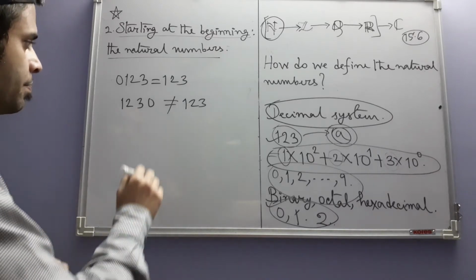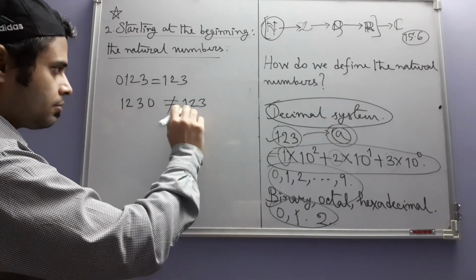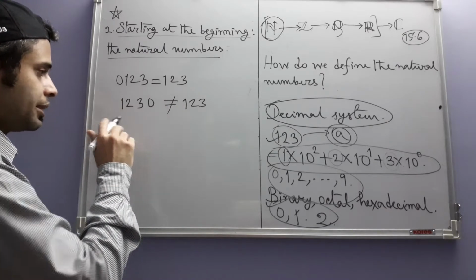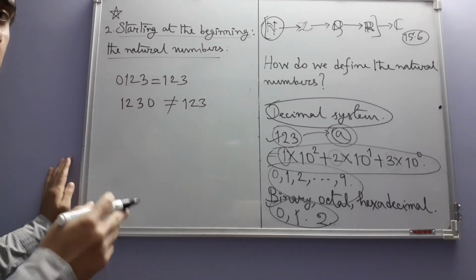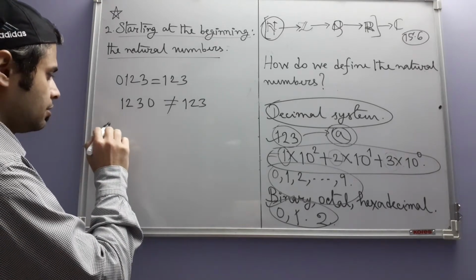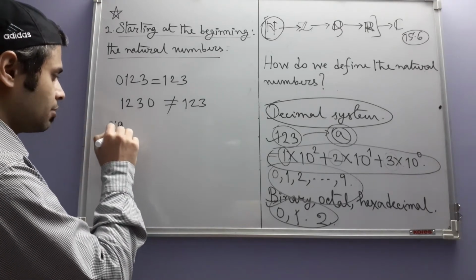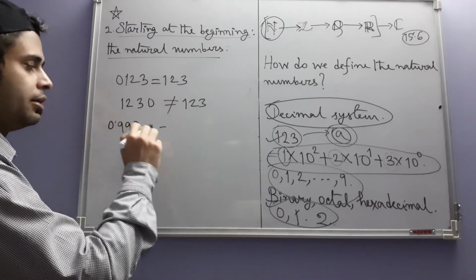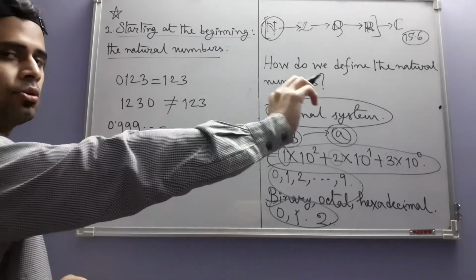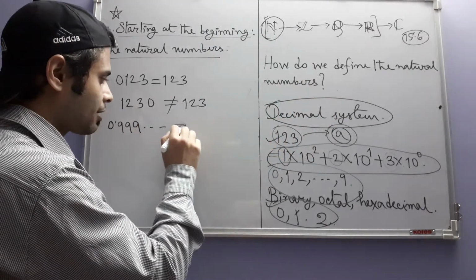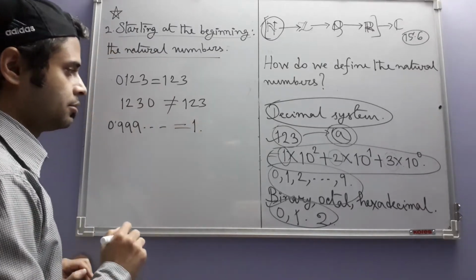Okay. Now, but there are some other more difficult questions. One question is, if you look at this number 0.99999, the nines go on and on without any end. This number actually is equal to 1. Why?